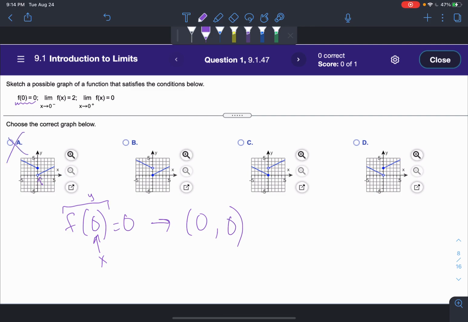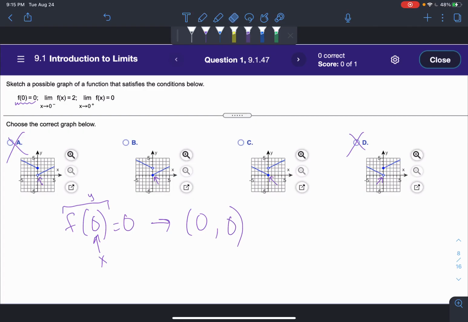So A is not it. B at 0, 0 has 0, 0 filled in. So that could be a potential answer. And same for C. See, that's also filled in at the origin. And for the same reasons as A, this is not filled in, so D cannot be the answer.